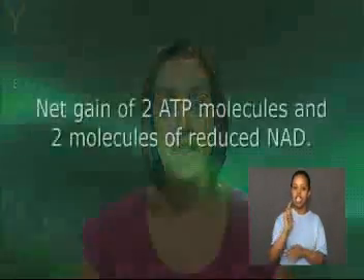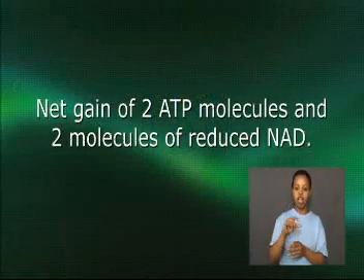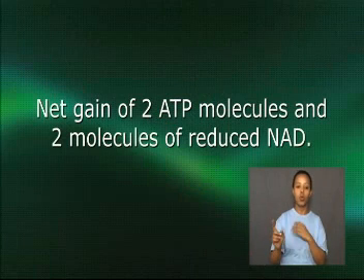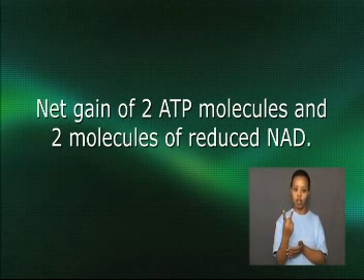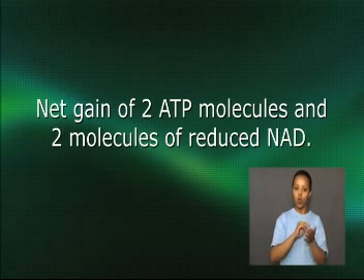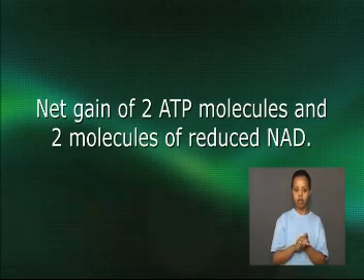At the end of the glycolysis, there is a net gain of 2 ATP molecules and 2 molecules of reduced NAD per molecule of glucose. The molecules of pyruvate move into the mitochondria through carrier molecules in the mitochondrial membrane.